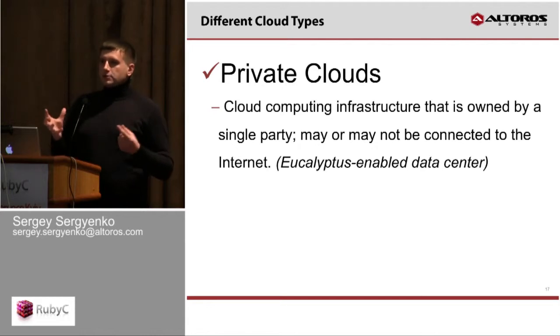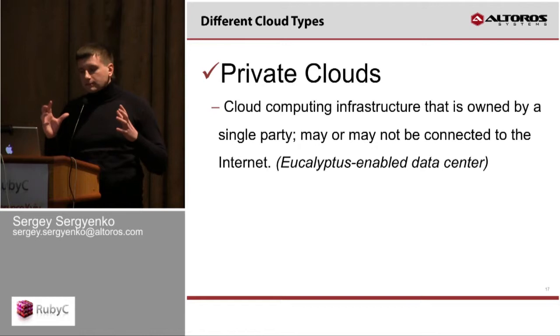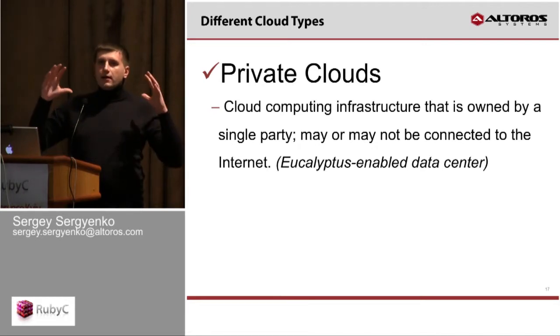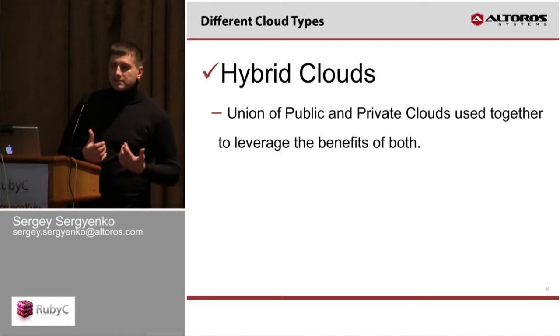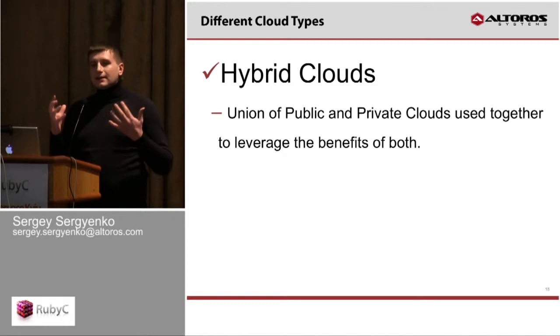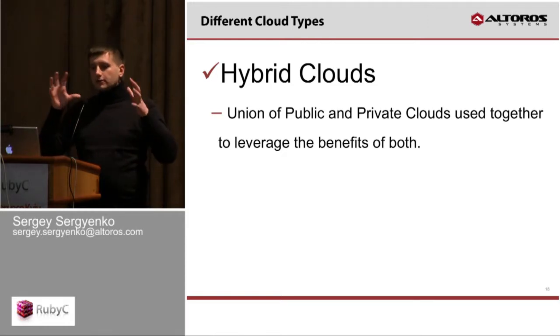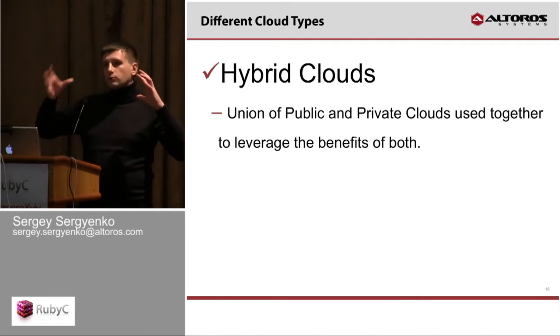It's the same model, but with a very, very high level of security. And the last one is the most interesting for us: hybrid clouds. Hybrid clouds are where we can use different types of clouds concurrently, at least one public and one private.